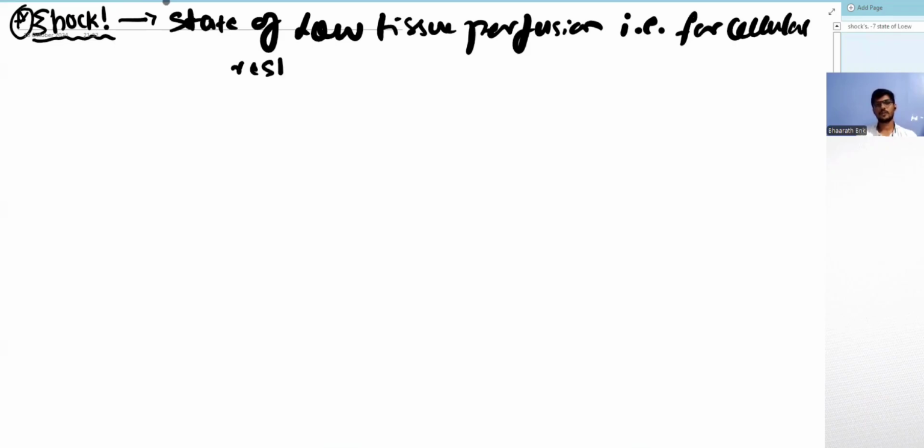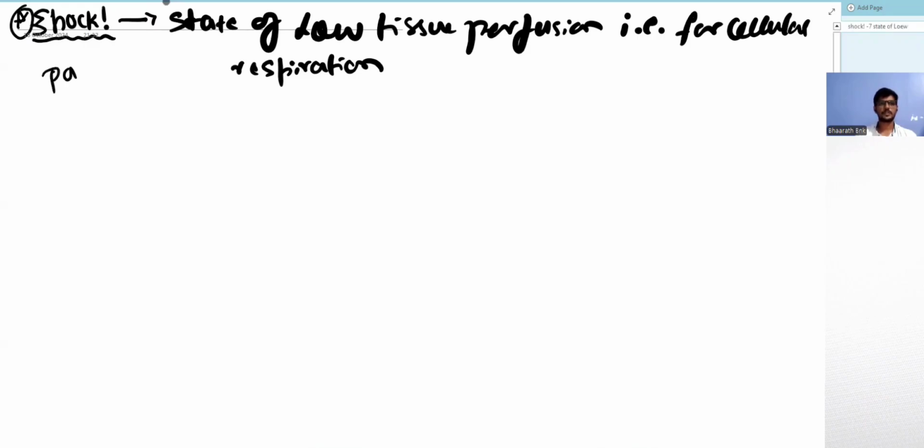Ultimately, all of that boils down to cellular respiration, where the cells utilize glucose as a substrate and oxygen for the oxidation of glucose to produce ATP. Everything in the body functions depending upon the level of ATP. If ATP is there, there is life. No ATP, no life. So we are defining shock at the cellular level: a state of low tissue perfusion which is inadequate for cellular respiration.